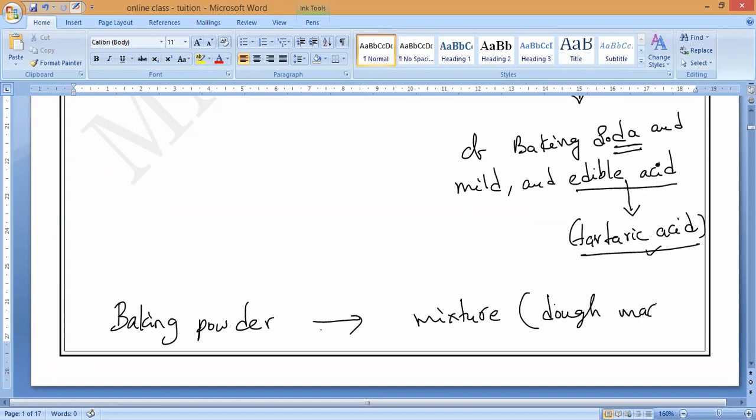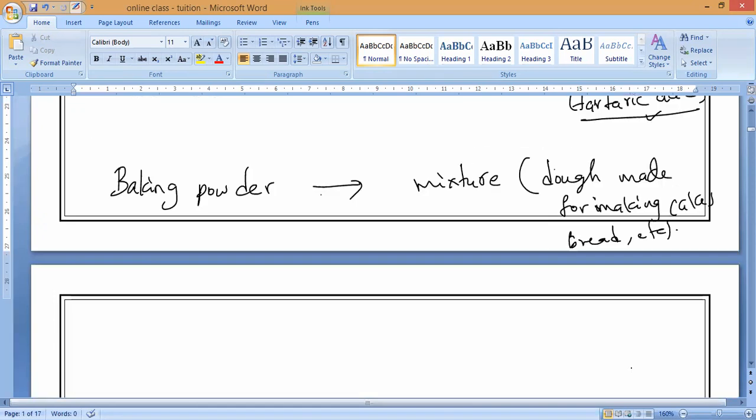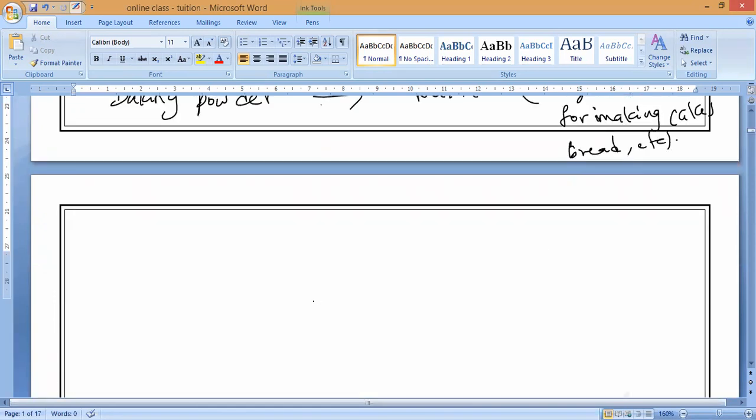Dough made for baking cakes, bread, etc. You have to remember it. So now, what will happen inside? Whenever this baking powder mixes with water, what will happen?